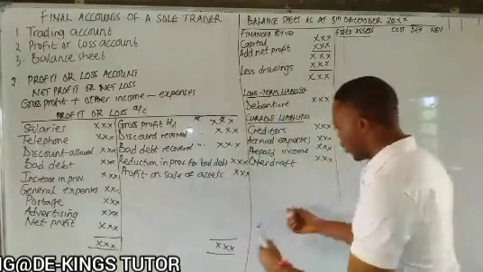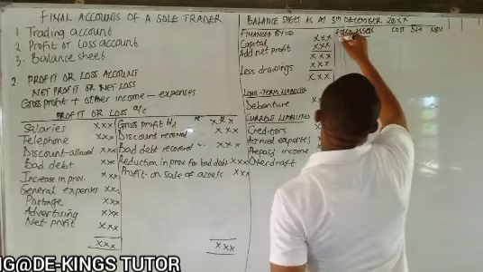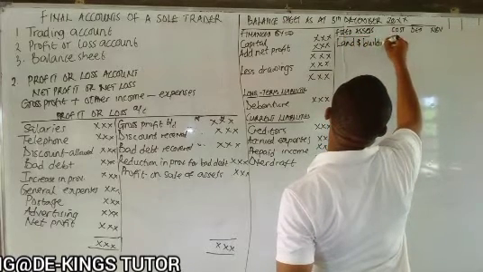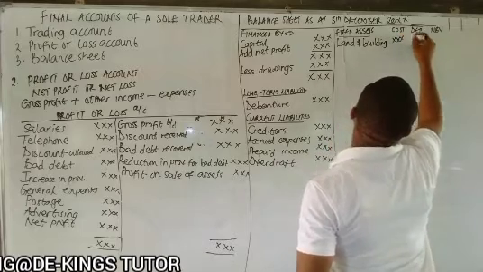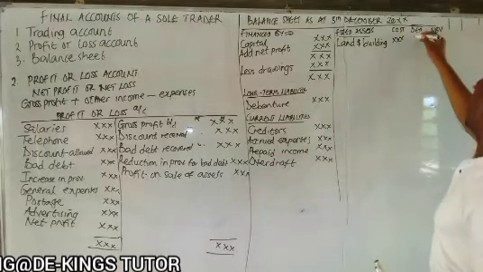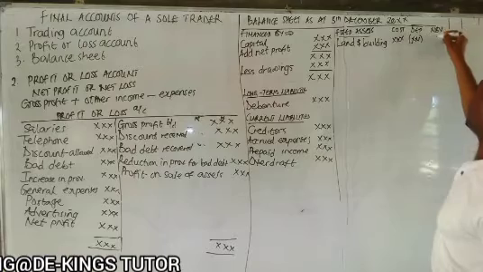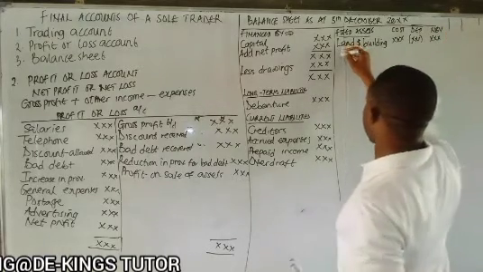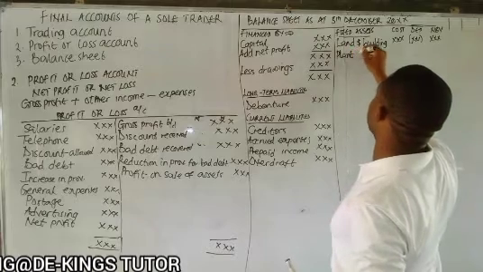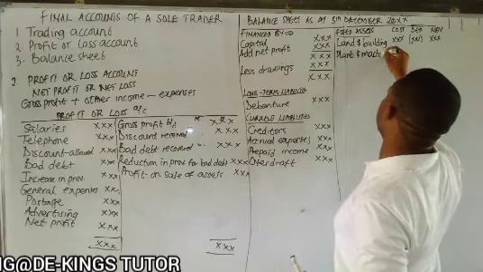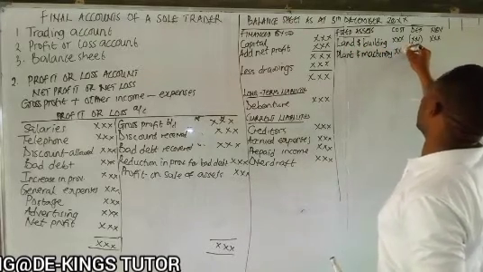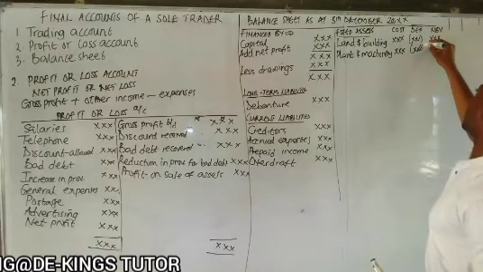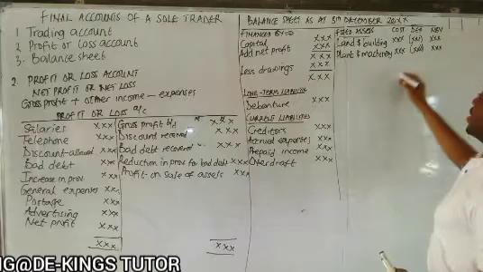So we have land and building as some of the fixed assets. Then if it has depreciation, you deduct it to get net book value. Then we have plants and machinery: the cost, then depreciation, then the net book value.